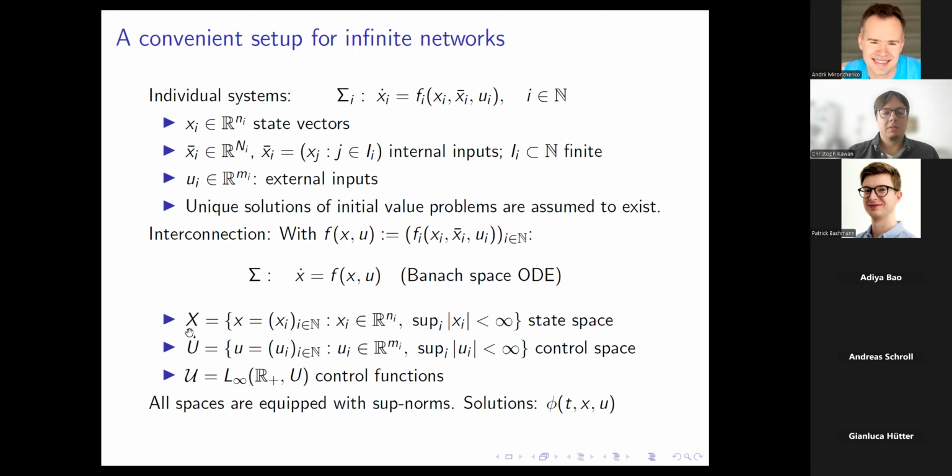So first, the state space. The state space is the space where x lives, of course. An x is now the vector of all the x_i, all the states of the subsystems. And I'm assuming here only that the supremum over the norms of those x_i is finite.